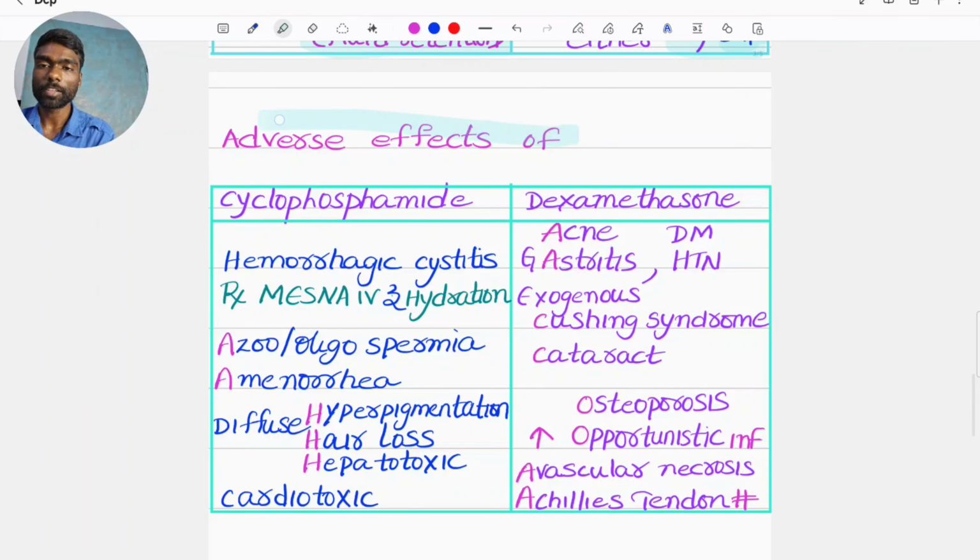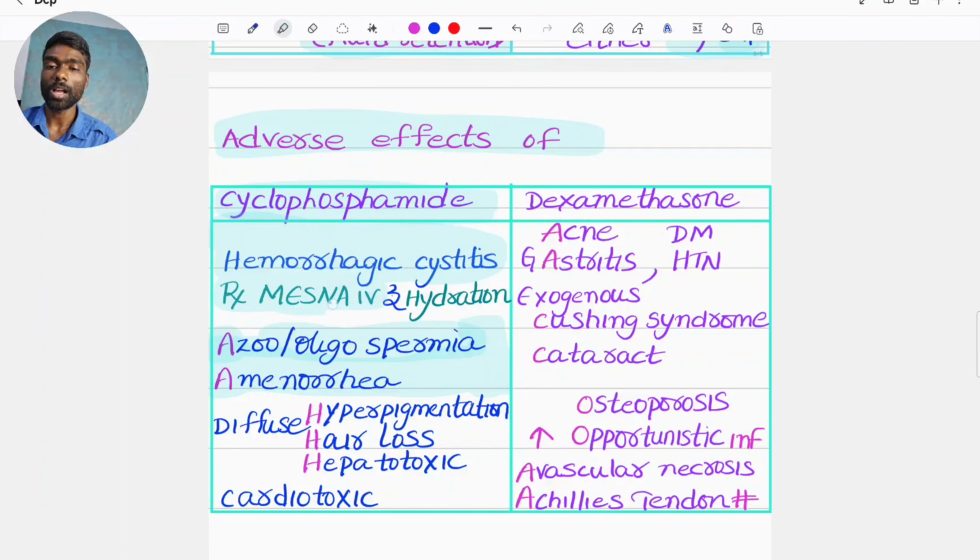Coming to adverse effects of DCP, cyclophosphamide: I already told you, it is gonadotoxic. So it will cause azoospermia or oligospermia in males, and amenorrhea and ovarian failure in females. So we give an alternative, A for azathioprine, 50 mg in place of cyclophosphamide. Hemorrhagic cystitis: what is the treatment for this?